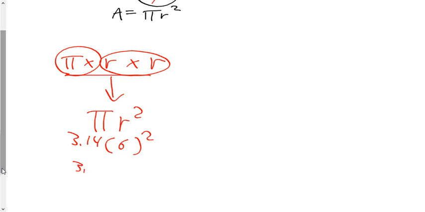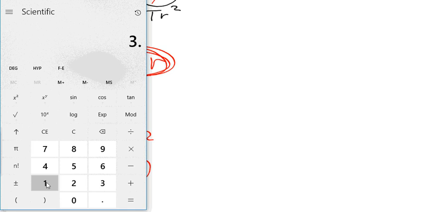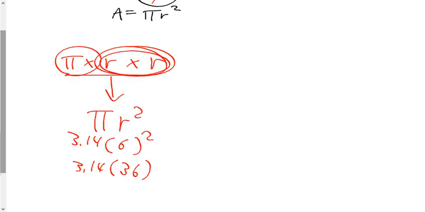So we're going to have 3.14 multiplied by 6 squared. And since r squared means r times r, then 6 squared will be 6 times 6, which is 36. And pi multiplied by 36 equals 113.04 meters squared.